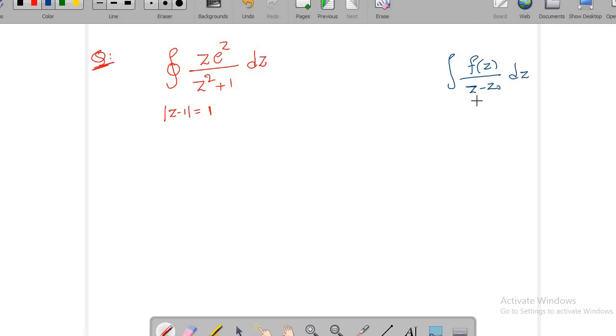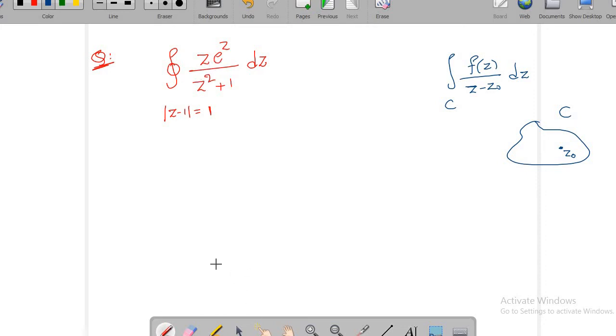And you should recognize this z naught to be a point inside the curve. Whatever curve you have, this z naught should lie inside it. But first of all, do we have any problem at any point here?